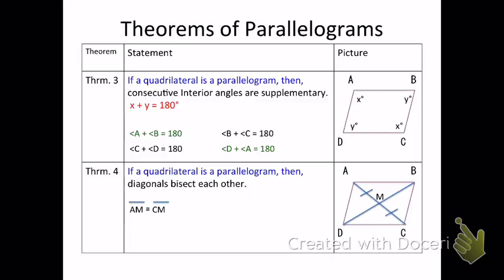And we have one more diagonal. Diagonal DB has a midpoint of M as well because the diagonals bisect each other. So we're going to show that these are congruent to each other. So DM is congruent to BM.